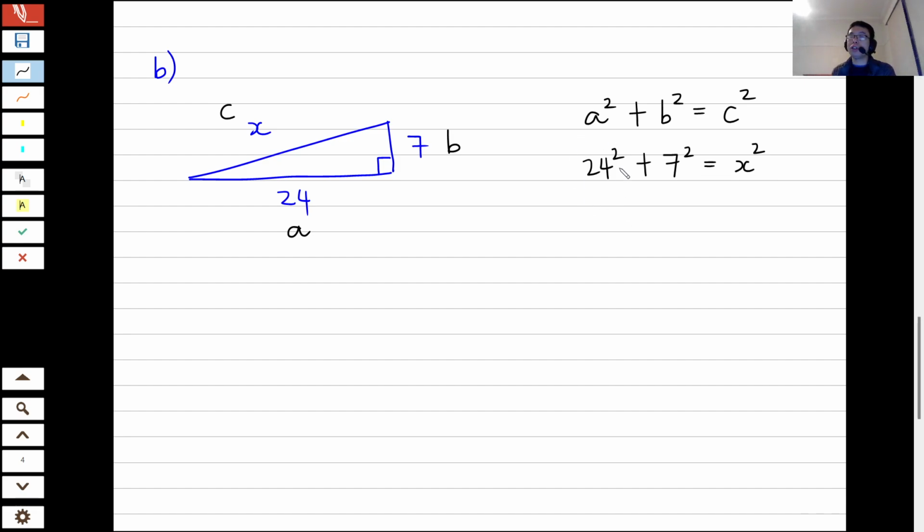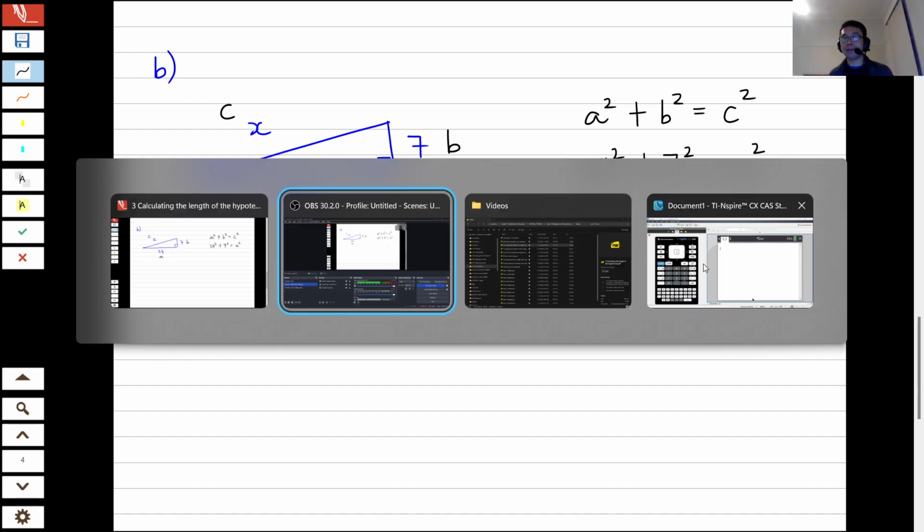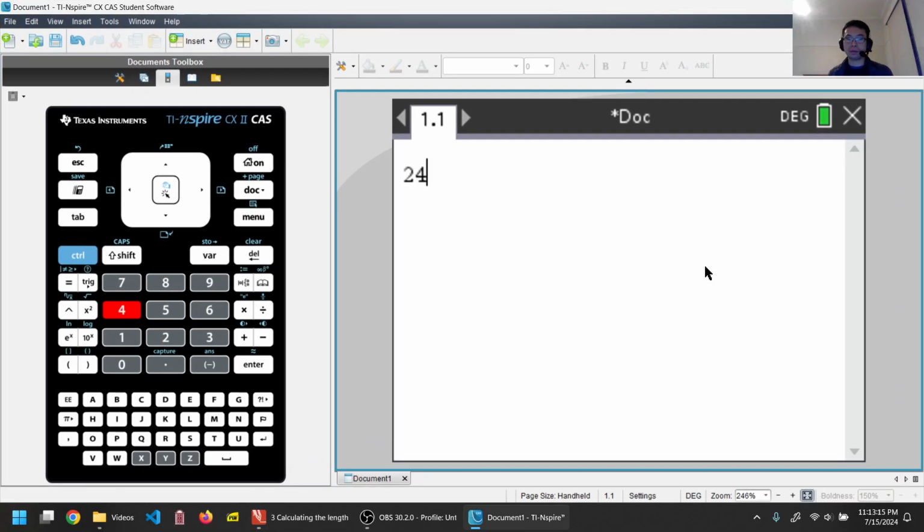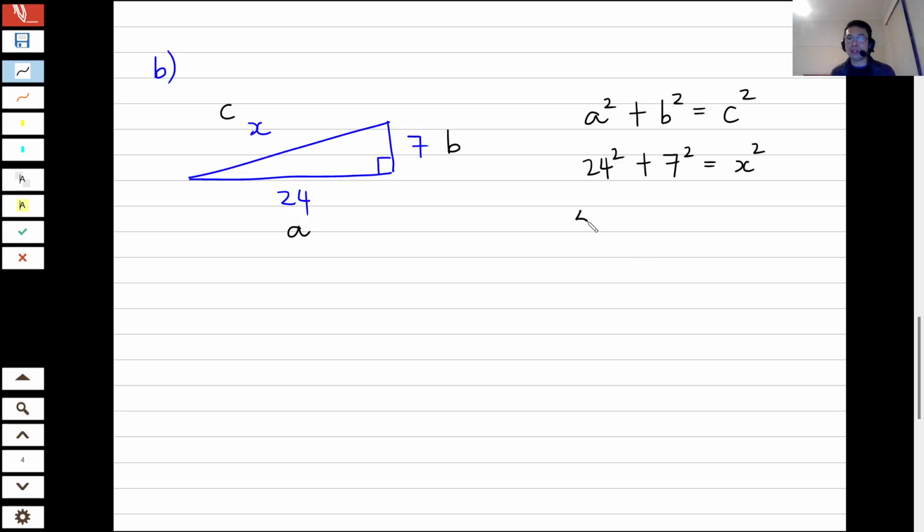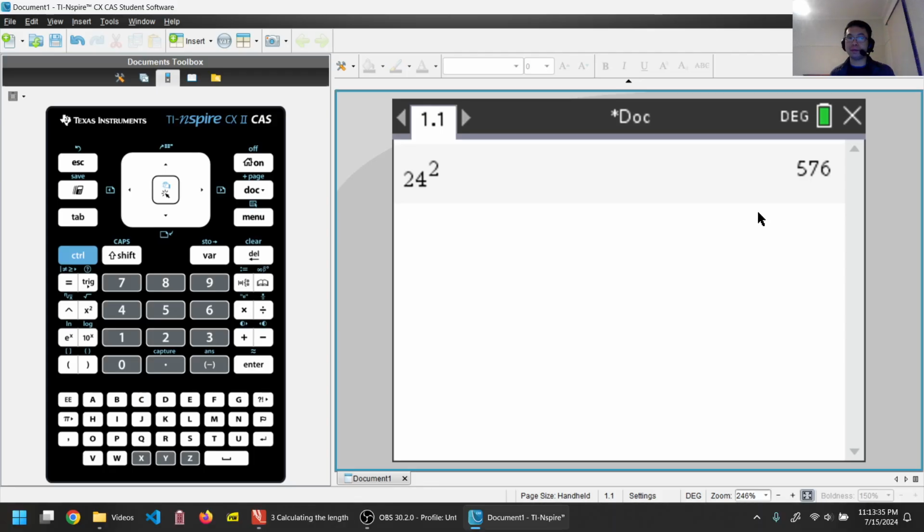Now, I don't personally know 24 squared off the top of my head, so I'm going to need a calculator. You can use your calculator. This is just a CAS, but any calculator will do here. So 24 squared is 576. 7 times 7 is 49. And if I add those two numbers together, I get x squared.